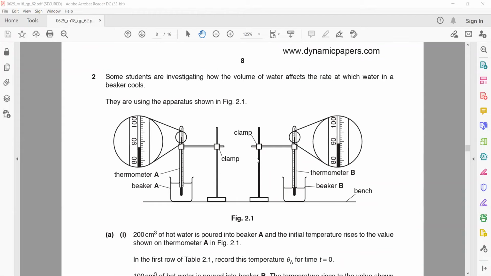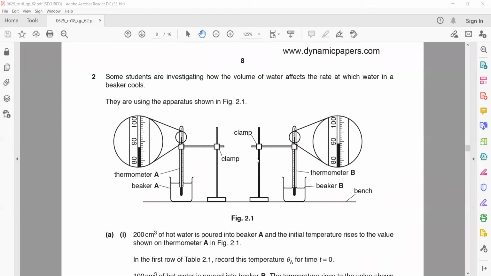That's one. And there's also another thing, because when we are recording a temperature at the beginning of the experiment, to ensure that his temperature reading is as accurate as possible, as he took hot water and immersed the thermometer inside, the temperature reading will continuously change.